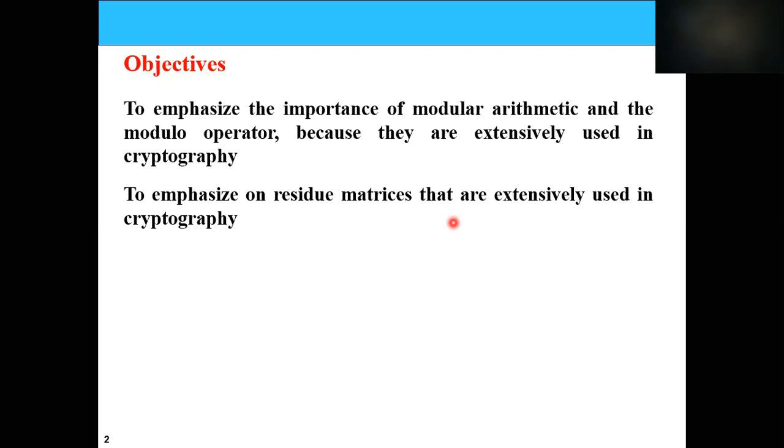Modular residue matrices are also discussed, because you may extend your knowledge of public key cryptography over some non-commutative structures, like if you extend RSA, Schmidt, or other cryptosystems over a set of matrices.